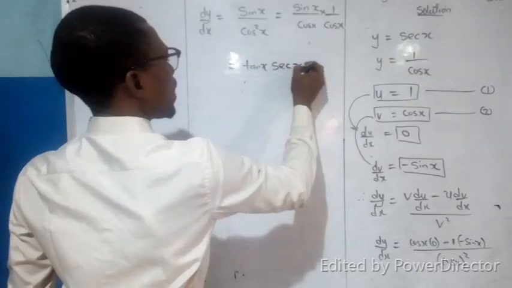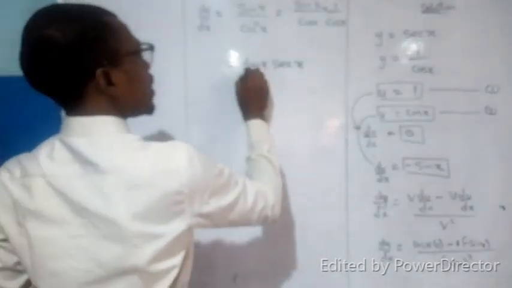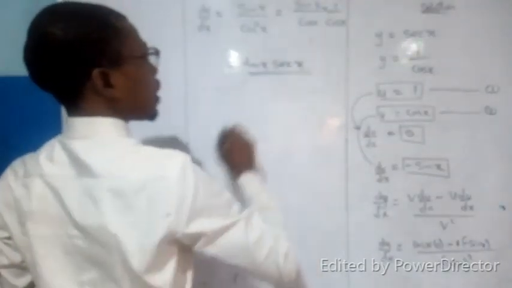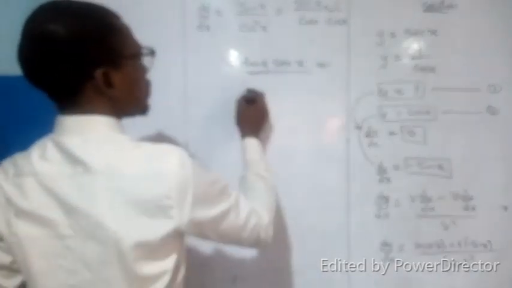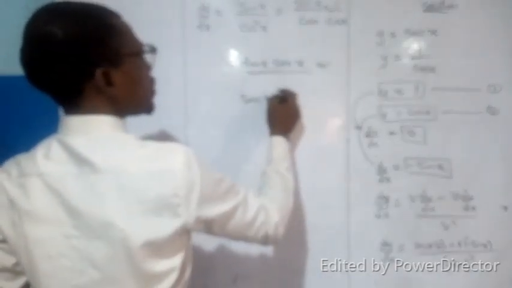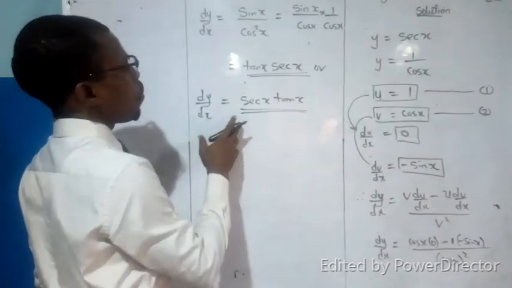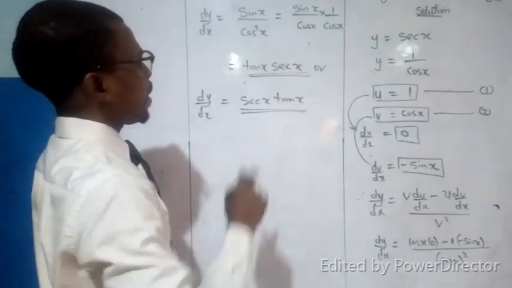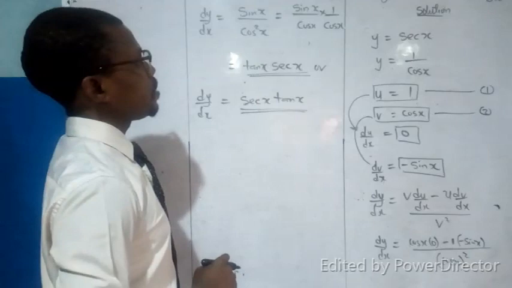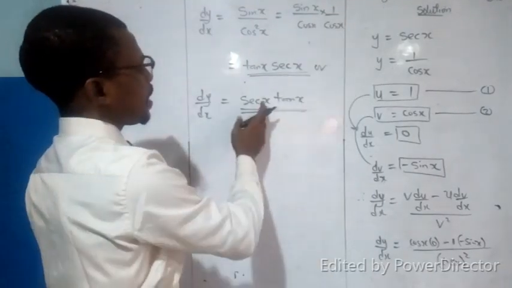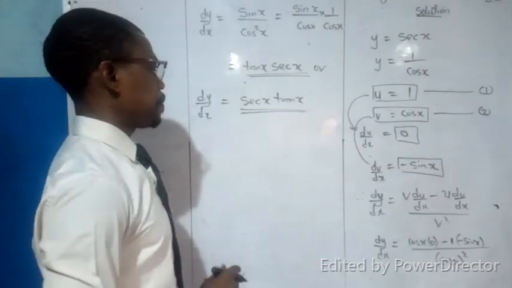So this is sec x. So you can read it as tan x sec x or sec x tan x. So this is the derivative of sec x. If you are asked to find the derivative of sec x, it is sec x tan x.